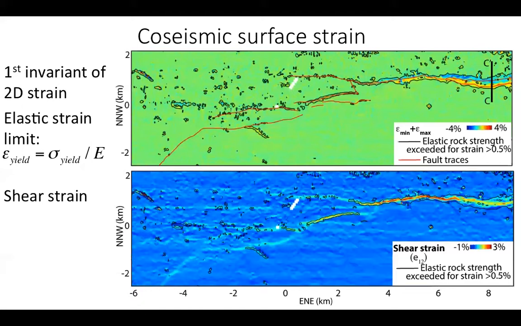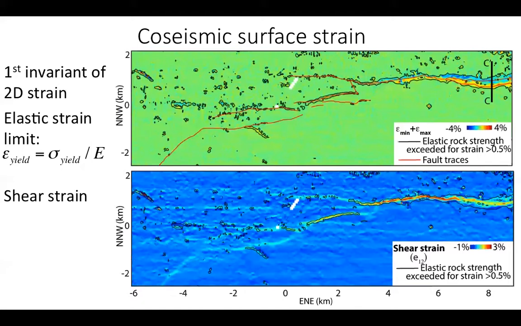And then these black outlines contour regions that are likely to have deformed inelastically. So we see, particularly in this area, several hundred meters width of inelastic deformation surrounding the fault trace. And it's likely that off-fault secondary fracturing and folding accommodated some of the secondary deformation.